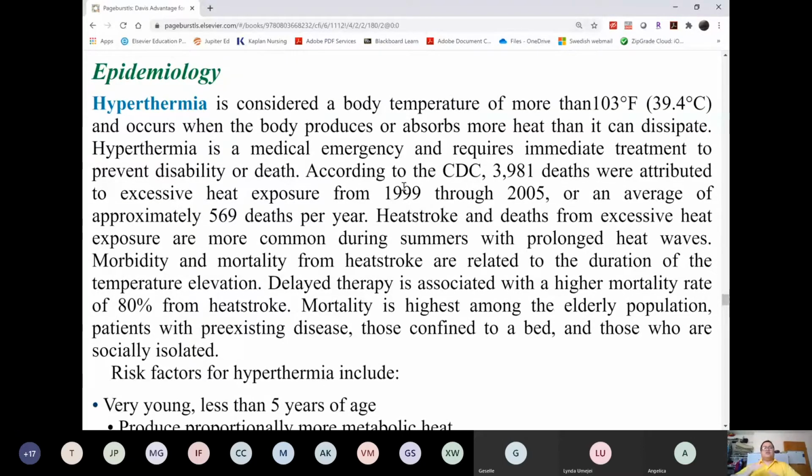Here, it has something to do with your thermostat setting. The set point is intact in fever. However, in hyperthermia, the set point has changed. I don't know if that makes sense. How do I explain this?